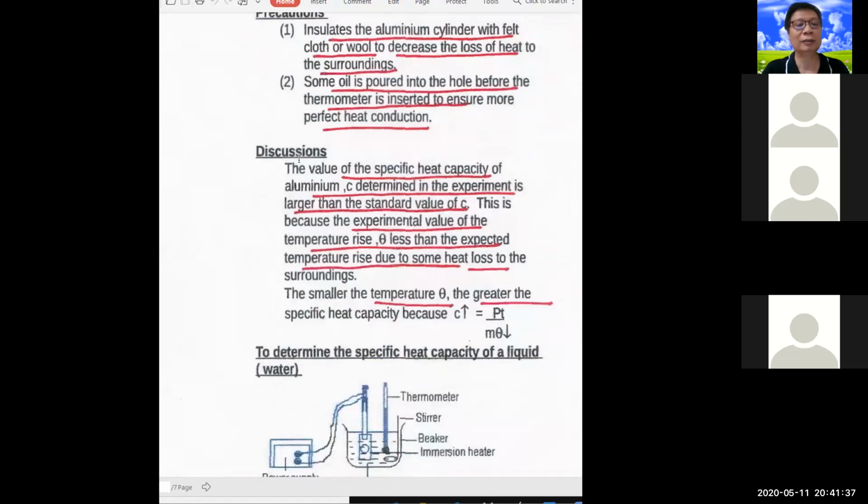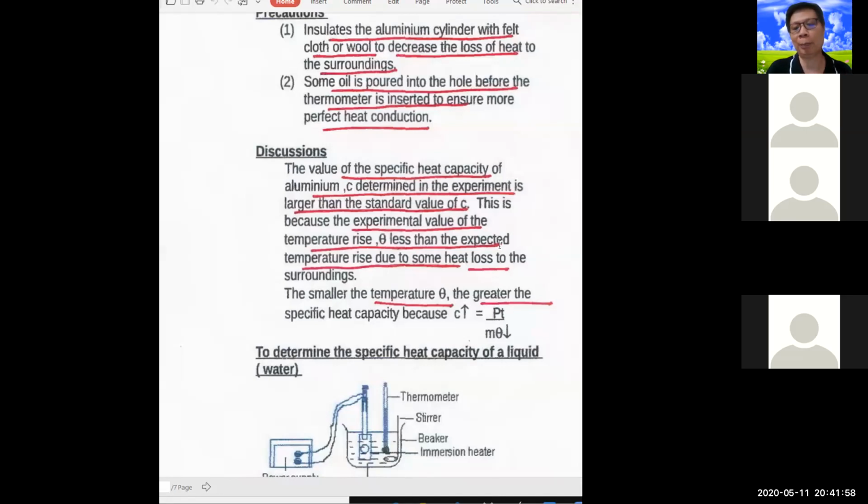Because there is heat loss. Yes, because there is heat loss, right? No matter how you cover using cloth or tissue, heat loss can still happen. When heat is lost, the rise in temperature, theta, will be less than the expected value.